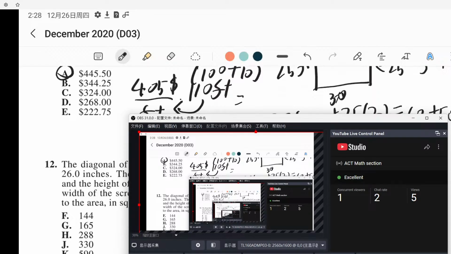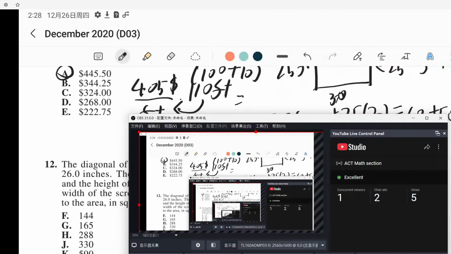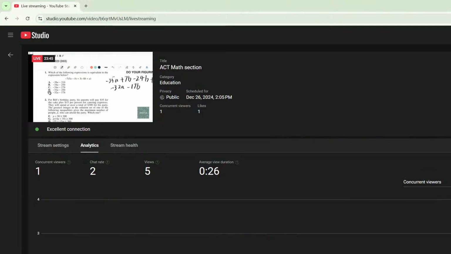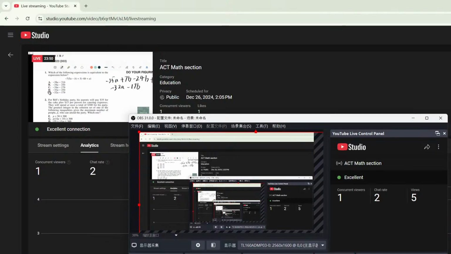Oh, I cannot see chat currently. Perimeter? Yes, perimeter. Oh shoot. This doesn't show.